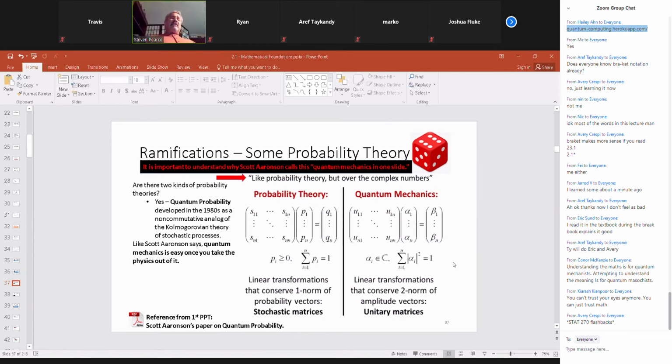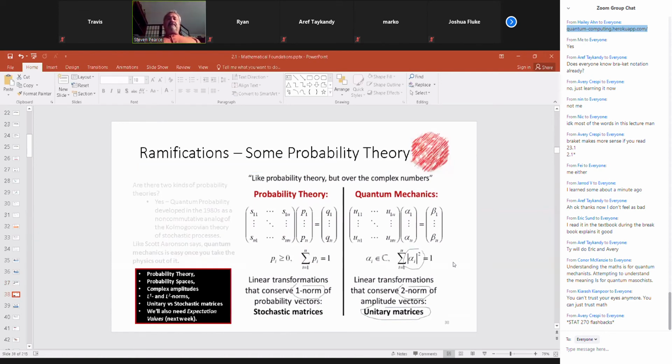I want you to really focus attention on slides 37 and 38, please. Take special note of those, because if you get that, you're way ahead of the curve. You have to eventually understand the relationship between these two pictures right here. Standard probability theory, I'm not asking you to review it, but just enough so that you understand what these things mean here.